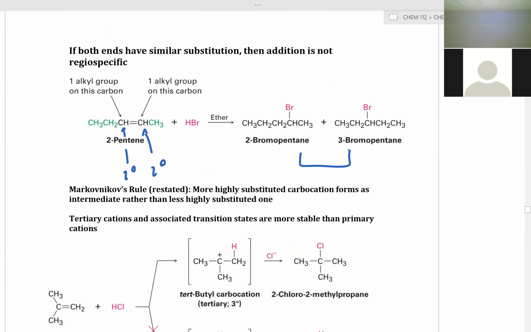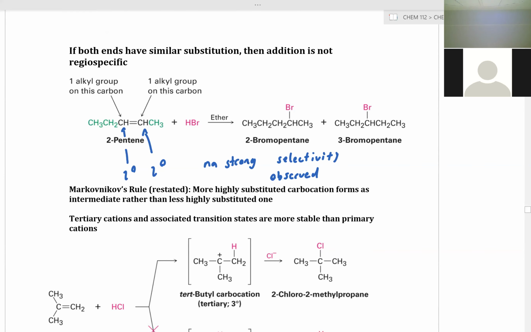Or are both of these products generated with relatively equal preference? Is there anything that differentiates these two secondary carbons? No. And as a result, no strong selectivity is observed.